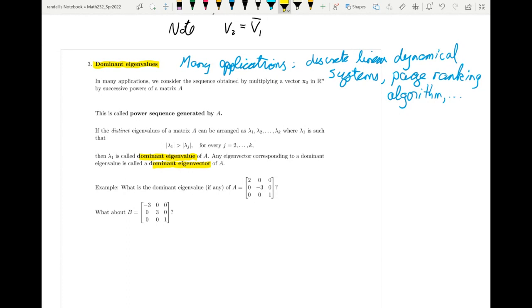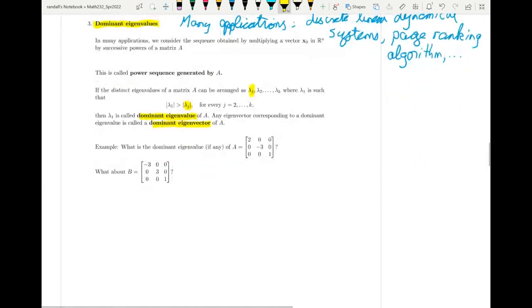And as I mentioned above, the dominant eigenvalue, which in this case we're labeling as lambda 1. These are the distinct eigenvalues of a square matrix, an n by n matrix. There doesn't have to be n of them, but there are k distinct eigenvalues. Lambda 1 is bigger than all the other ones, for every distinct eigenvalue. That's the definition of the dominant eigenvalue.